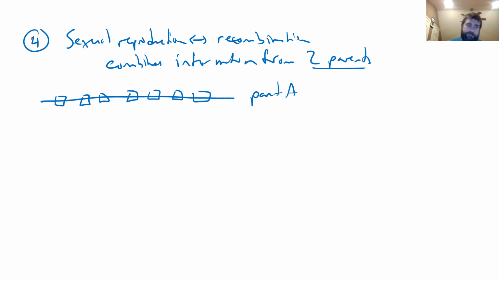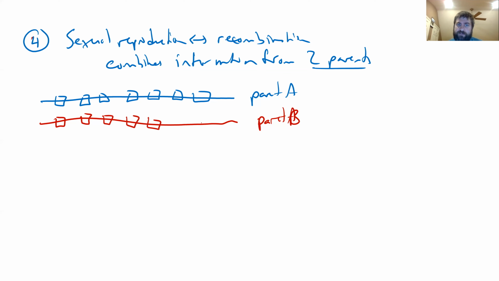So we might have parent A, and parent B will have the same number of genes because it's a closely related organism, same species, but the identity of these genes will be different.